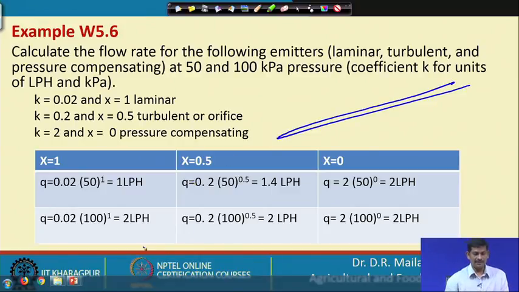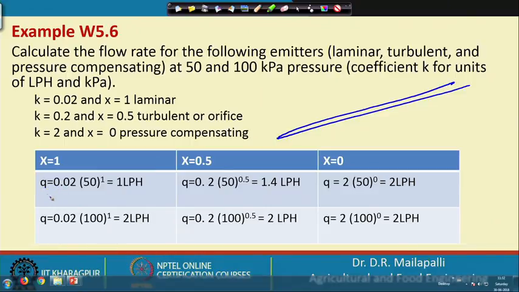Now find out the discharge for a particular case. It is a direct implementation of the equation, Q is equal to K into P power x. Put the K value 0.02 and x equal to 1 for laminar, x equal to 0.5 for the orifice case, and x equal to 0 for the pressure compensating case.